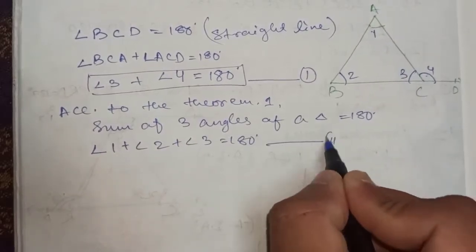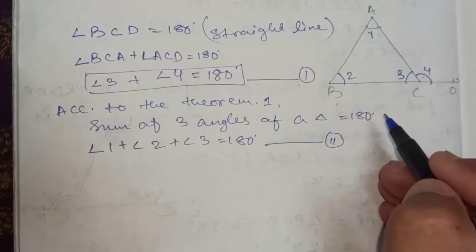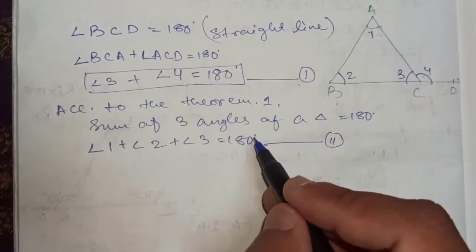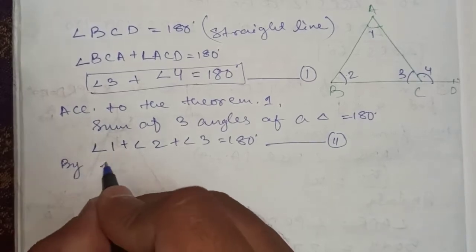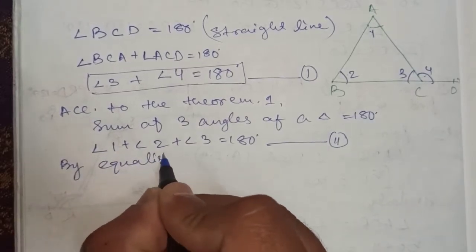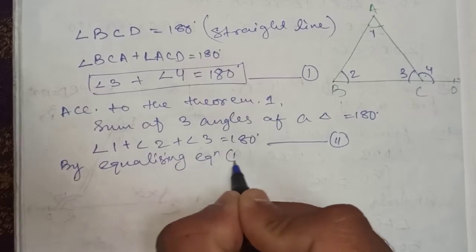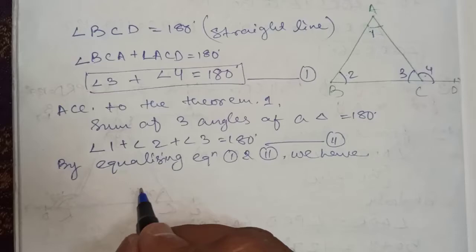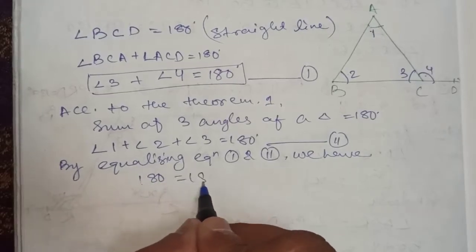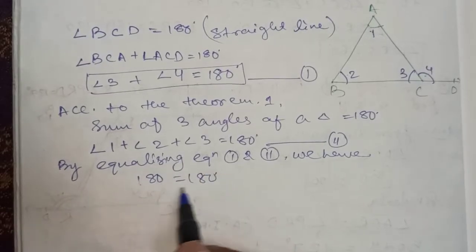Just now we have proved that this plus this is 180 degrees because the sum of three angles is always 180 degrees. Now by equalizing equation 1 and 2, we can write 180 equals 180. Yes, because both are the same.